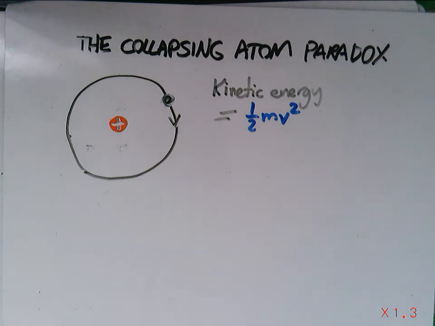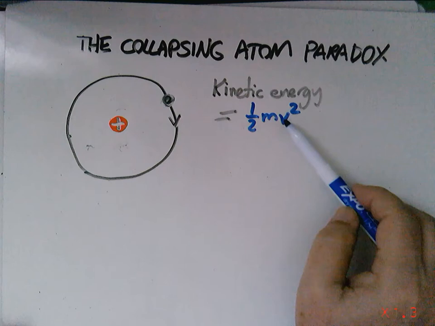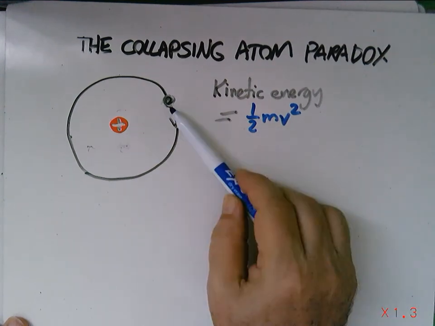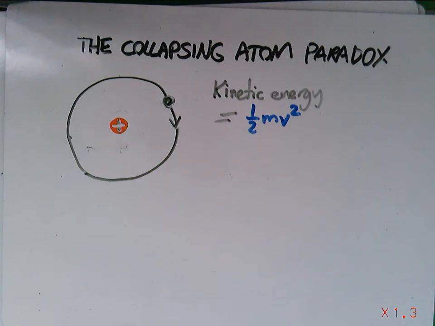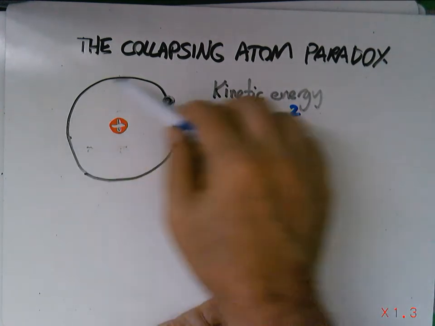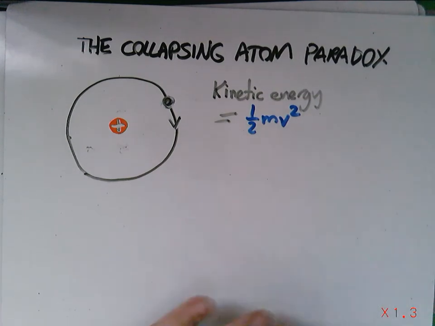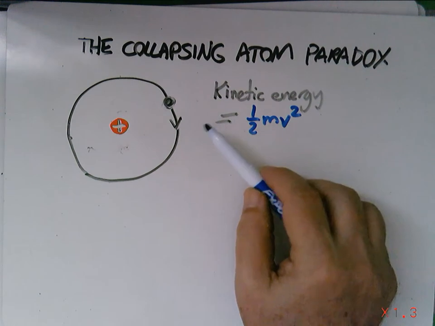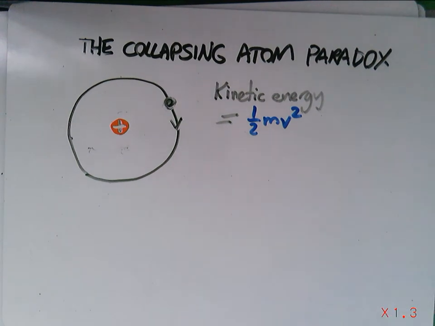All right, well, I guess what's important there is that the speed determines how much energy this has, and how much energy it has determines how far away from the nucleus it's going to be. As long as it can cruise along at a set speed, it can do this orbit. But if that speed were to decrease, it would fall into a lower orbit because it would have a lower energy.